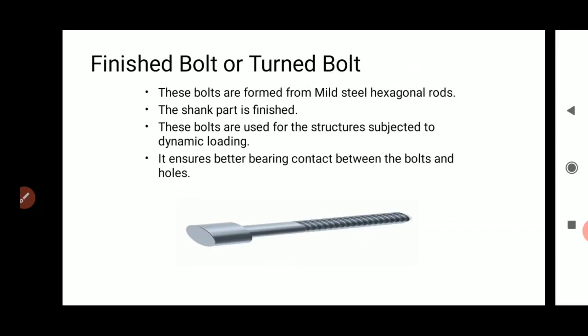So these bolts can be used for members subjected to dynamic loading, as the connection is more tight due to the finished shank part. The next point is it ensures better bearing contact between the bolts and holes. Here also the force is transmitted from one member to another by bearing and shearing action.